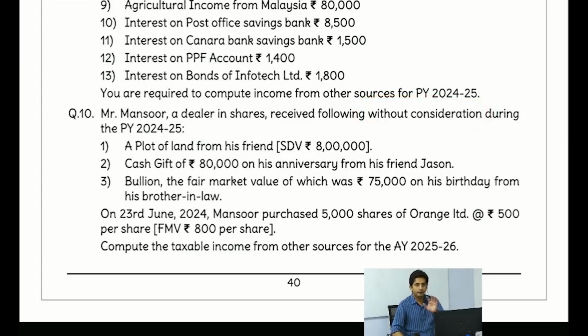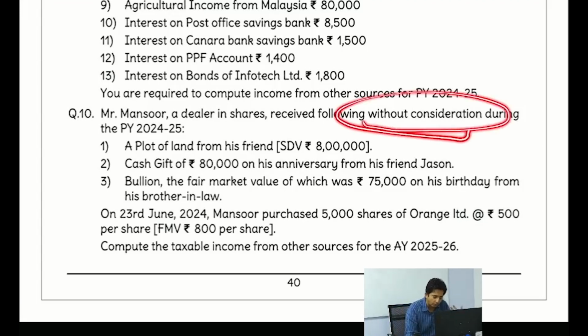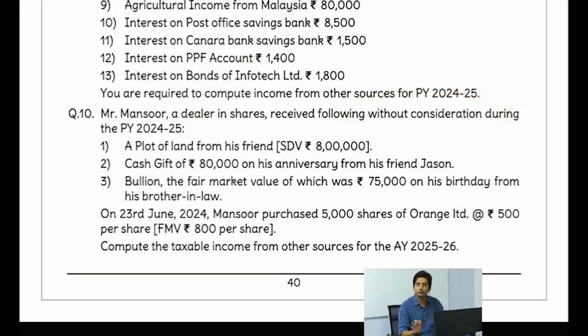If they write inadequate consideration, it means low price. I want you to remember this word, inadequate consideration. Sometimes in the paper they might say you received something for inadequate consideration, that means low price only. But this is without consideration, so it is totally free.